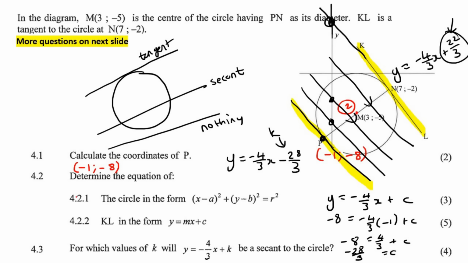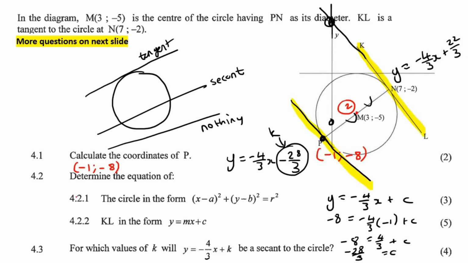So if the k value is anywhere between this number and this number, then your line will be a secant, because it's within the boundaries of the tangents. Okay, it's a very good question, this. So we could say that k can be any number bigger than, we're not going to say equal to, because at that point it's a tangent. Okay, I'll show you interval notation now.